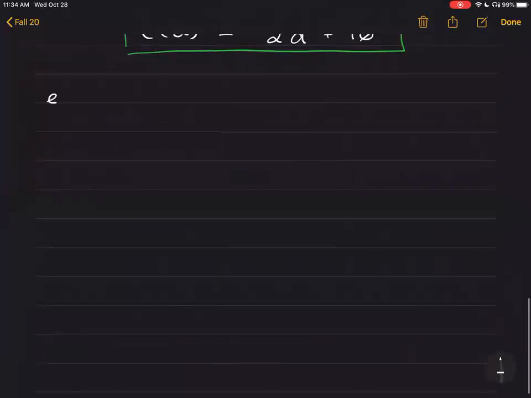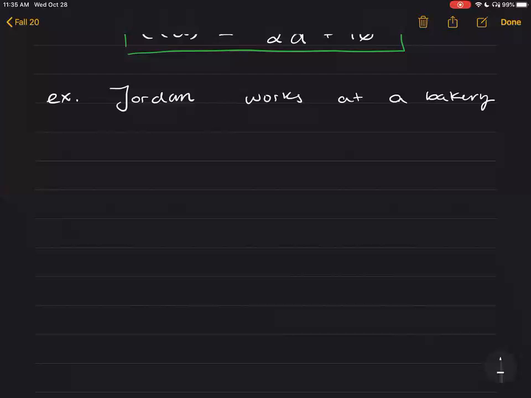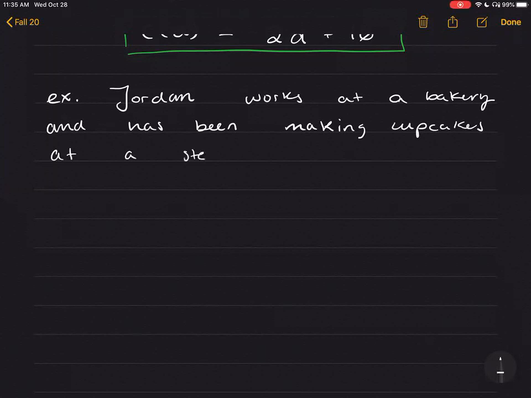Okay, let's see an example of the second kind. All right, this one's also a lot of writing. So let's see. Jordan works at a bakery and has been making cupcakes at a steady rate of 12 cupcakes an hour.